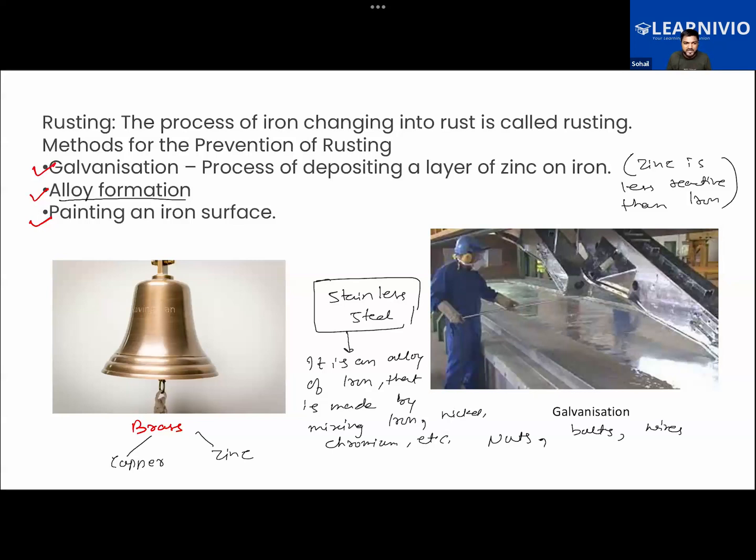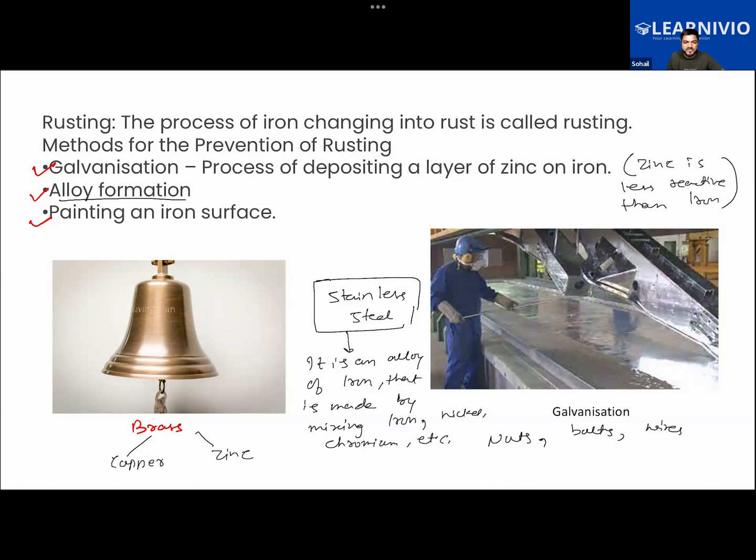For example, steel is an alloy because it is a mixture of iron with carbon, nickel, chromium and some manganese. So when different things are mixed, steel is made here.